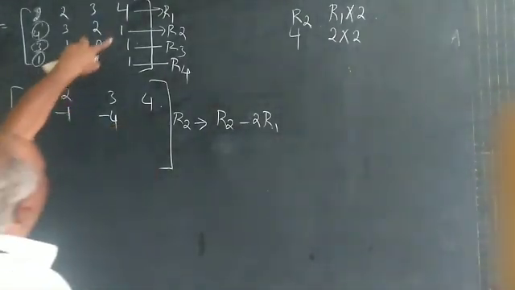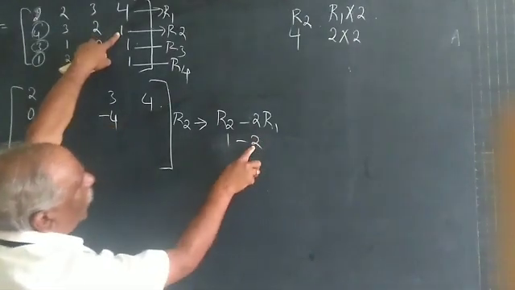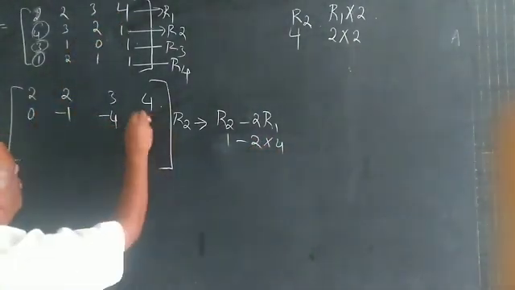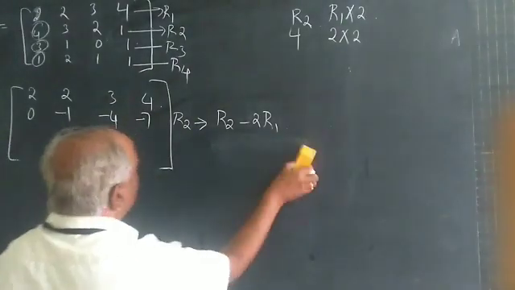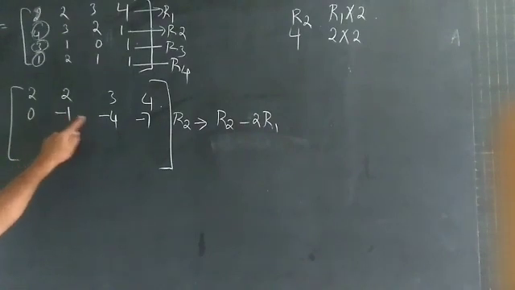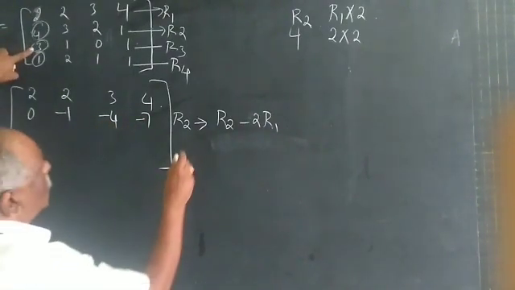In the same way, R2 is 1: 1 minus 2 into R1, and R1 is 4: 1 minus 8, that is minus 7. Now if I multiply every element by minus 1, this becomes plus 1, plus 4, plus 7.